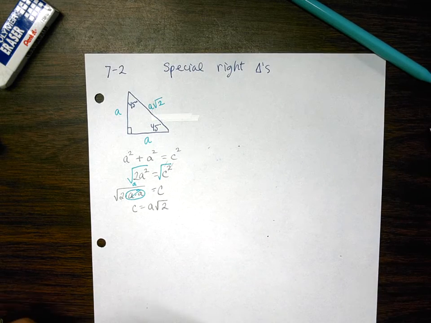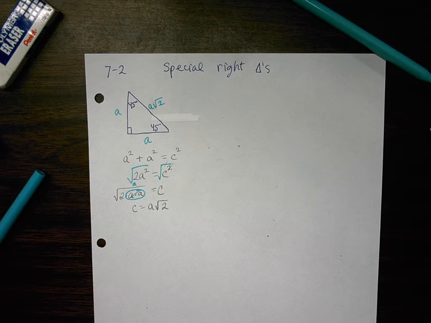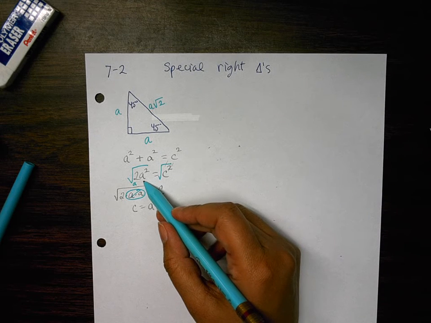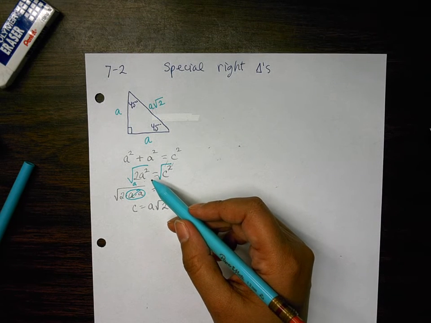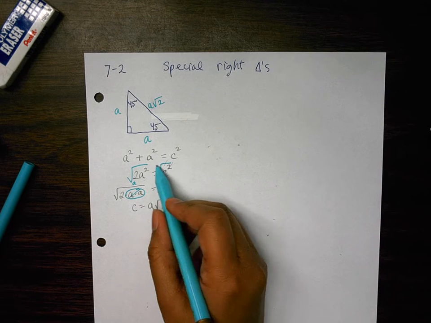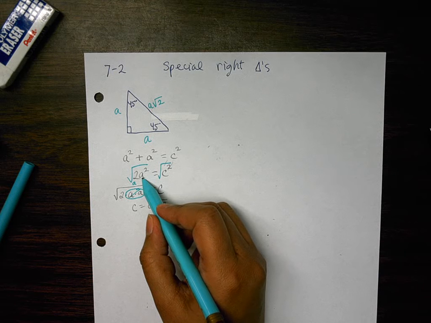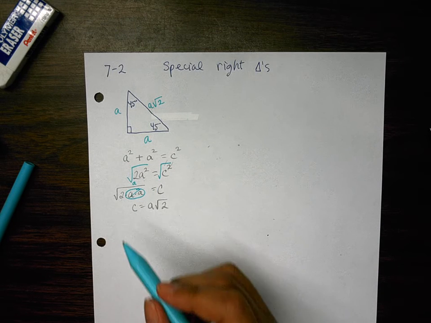This is what you need to have memorized. Yes? Why isn't the exponent on A erased like how the exponent on C is erased? Oh, it did.